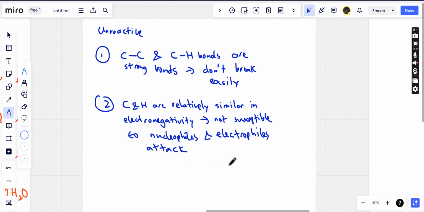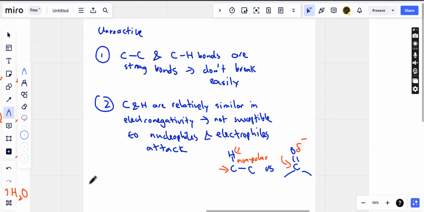Yep. So when you compare C-C and C-H versus other functional groups like, let's say, ketone, right? This carbon in ketone is more likely to be attacked due to this electronegative oxygen. But this is not the case for alkane because electronegativities are most likely similar. So the bond is actually non-polar, so it does not get attacked very easily.